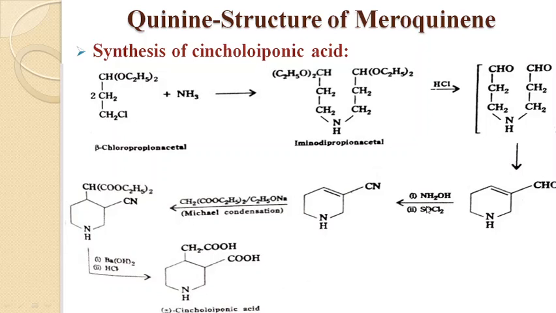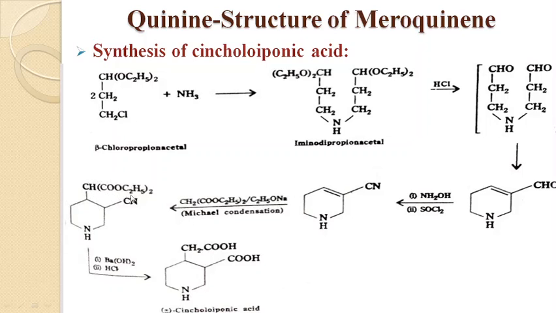This CHO group, on reaction with hydroxylamine and then thionyl chloride, converts into a nitrile group CN. This compound undergoes Michael condensation with malonic ester in the presence of sodium ethoxide.